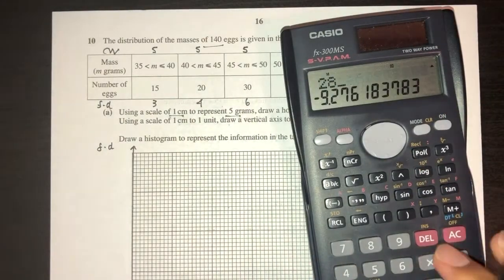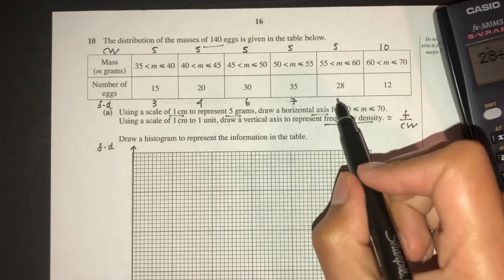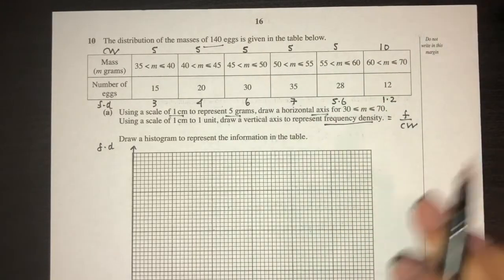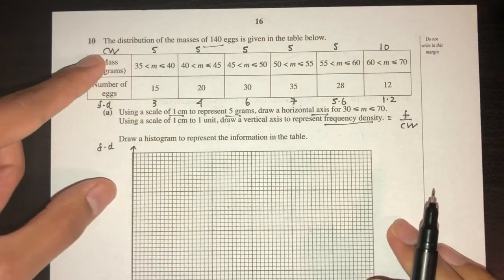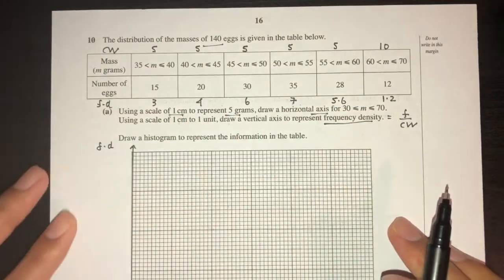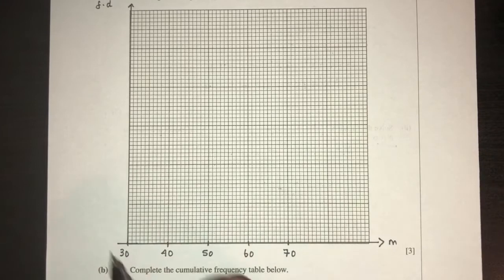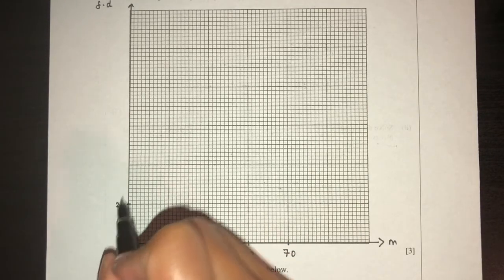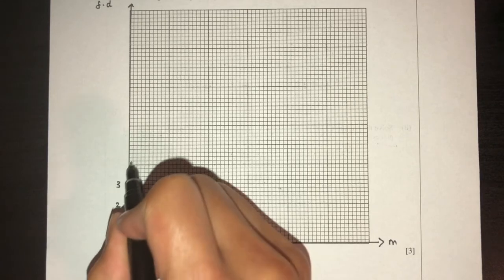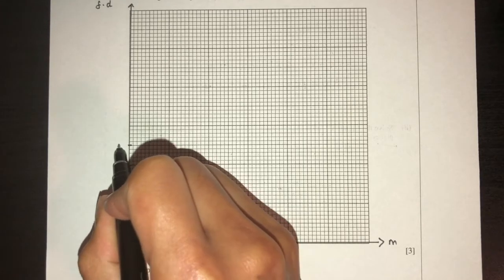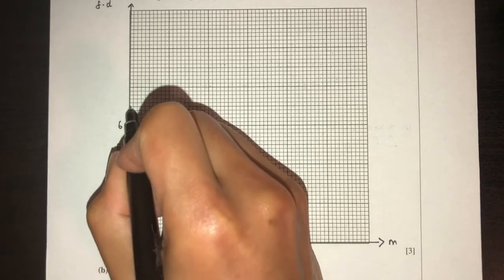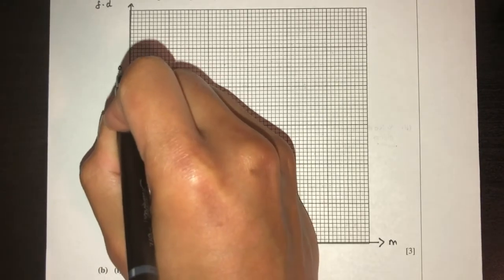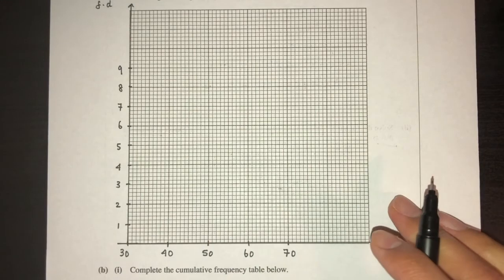Then 28 divided by 5 is 5.6, and 12 divided by 10 is 1.2. That is the frequency density we need to draw on this graph. So first, let's take 1, 2, 3, 4, 5, 6, 7, 8, 9. We can stop here.